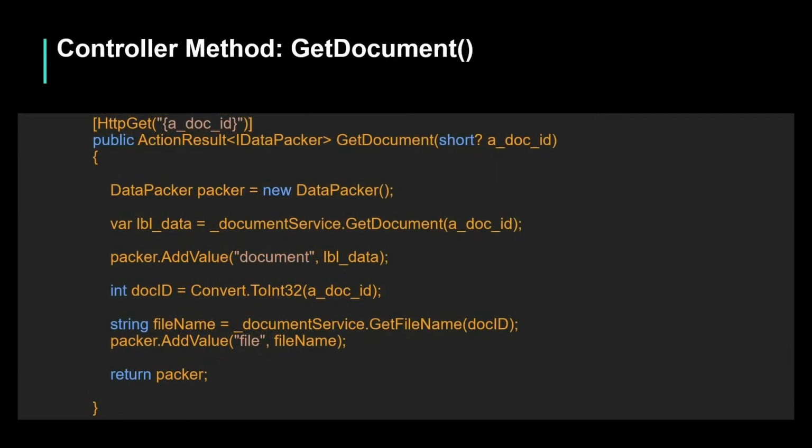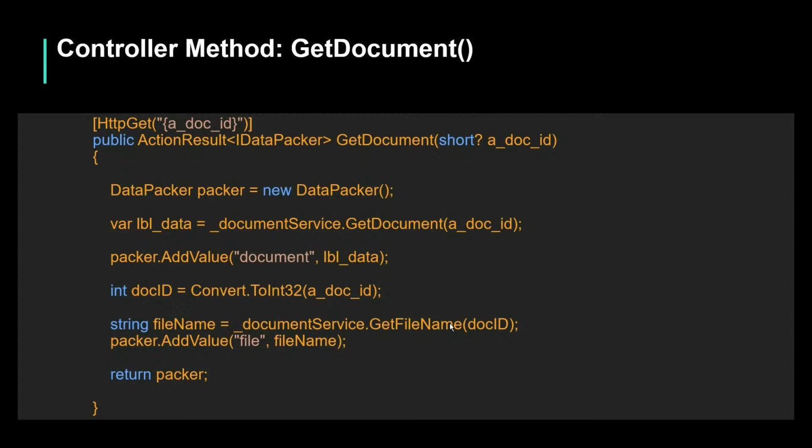On the controller side, pretty straightforward logic here. So again, we're back in the API code. We are setting up a new data packer instance and calling the get document service method for that particular document, taking the blob data that's returned from that, adding it to the data packer.